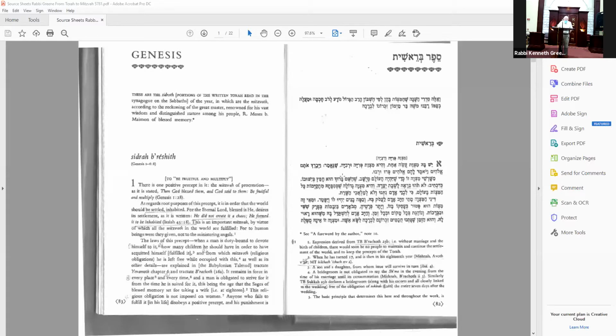He led him to enter the wedding canopy for the wedding ceremony, but he was unsuccessful in his attempts to consummate the marriage. This is the story in the Gemara.